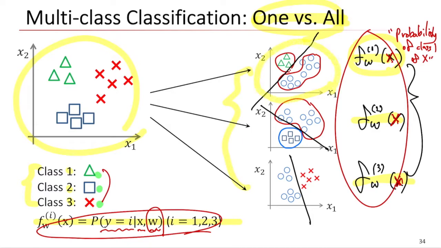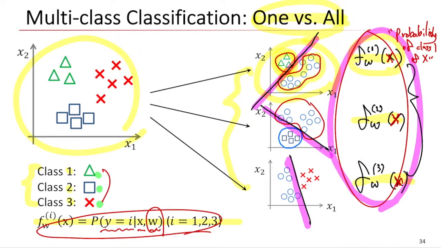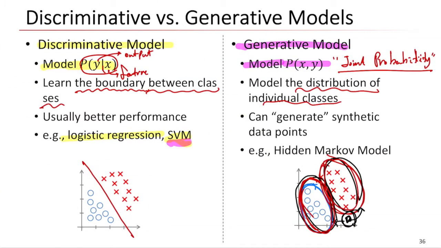In the first problem, we determine this one as the positive class and these samples as the negative class, and then find the decision boundary for this case. We can do similar things for the other cases. By using these three mapping functions, we can do the multi-class classification, okay?